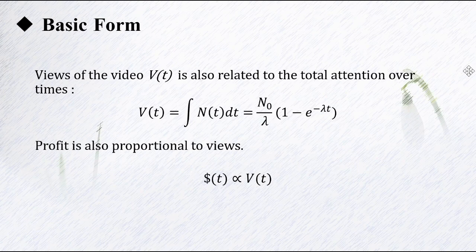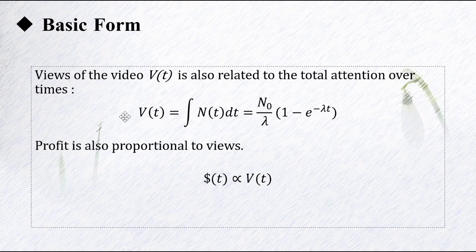It's calculated by integrating the attention rate N(t) over time. In this model, we assume the attention rate follows an exponential decay, like the first formula in this slide. These equations show that views increase quickly at first, but eventually plateau as attention fades out over time.